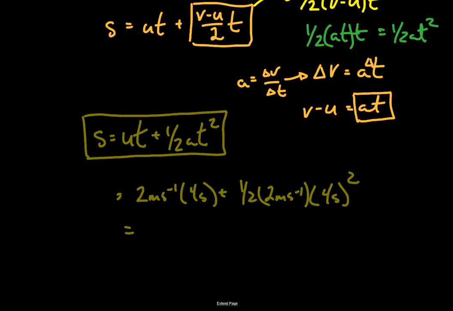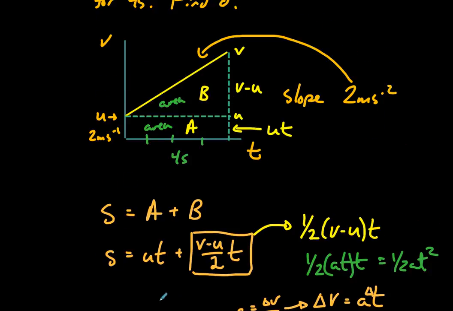Let's see what we get. We've got 8 meters here, and then 16 times 2 times 1/2, so 16 meters. So 16 plus 8 should be 24 meters total.